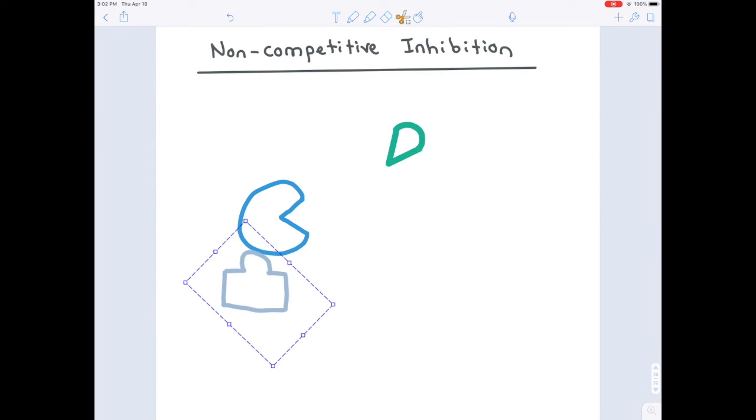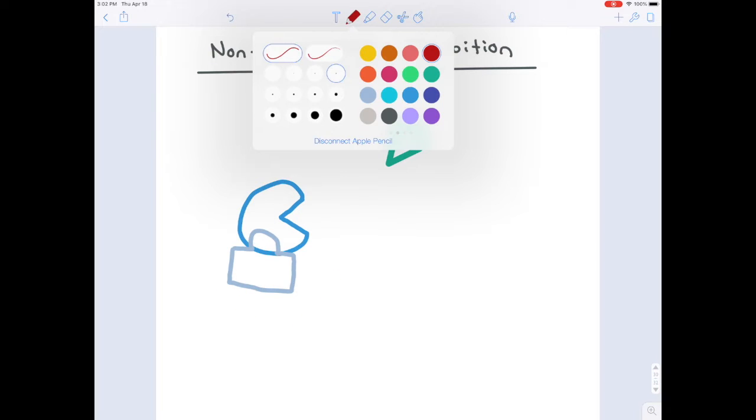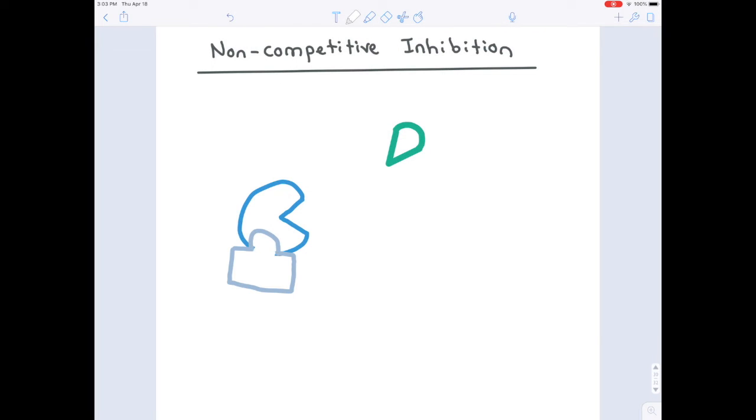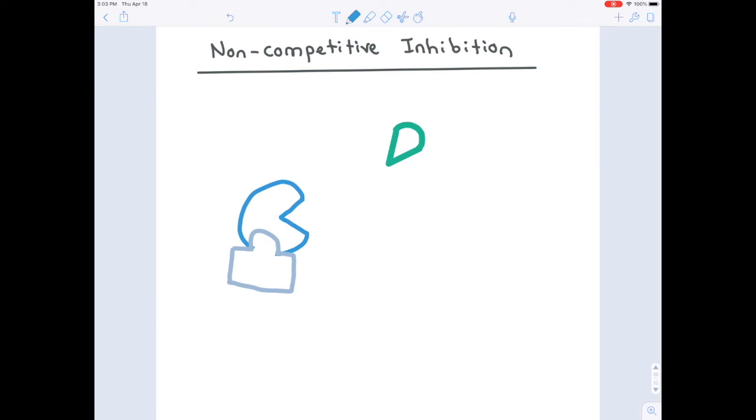Instead, it will fit somewhere else on the enzyme. And when it pushes into that other place, that affects the shape and pushes out the shape of the active site. And so now that substrate can't fit in there anymore.